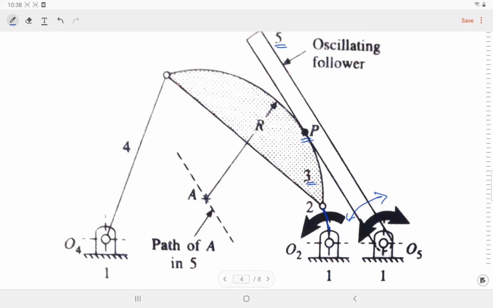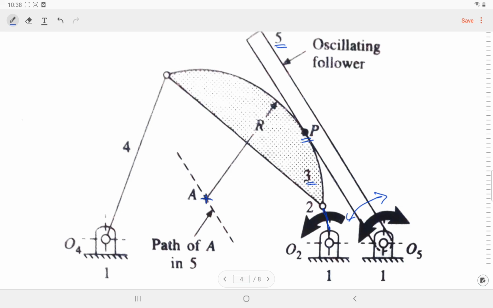So we need to construct a lower pair mechanism, and if you see, for this particular curve this is the center of curvature, this point A, but for this follower it's a straight line, so the center of curvature will be at infinity. So instead of putting the center of curvature at infinity, I could replace it with a prismatic pair.